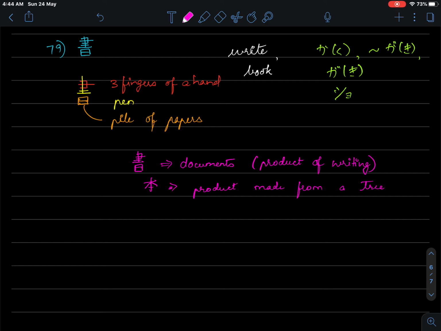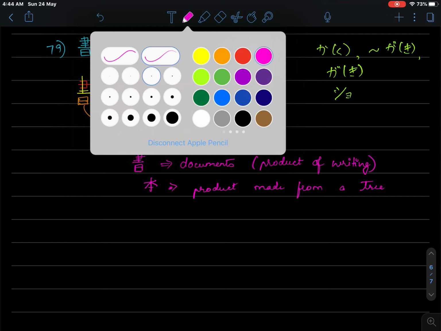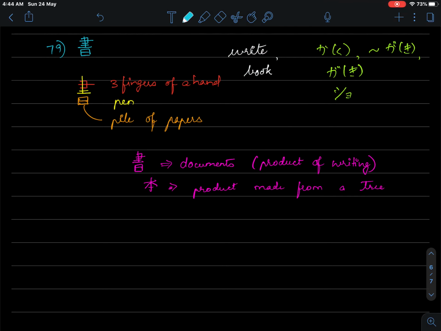There are some cases where you will associate the word sho with such works as well, so it's a little difficult. This is not like a hard and fast rule. It's a little bit fluid. You'll get used to it as you go along, and you will see how different works of writing are named, whether with this kanji for write or whether the other kanji for book. But this is just to tell you what the distinction is.